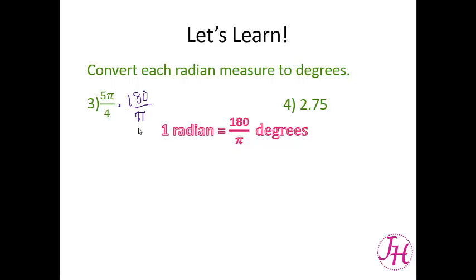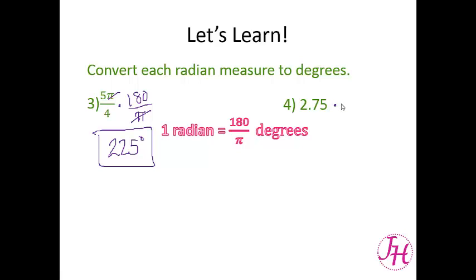In order to go from degrees to radians, you want a pi in your answer. So those pi's are going to cancel out because pi over pi is 1. And then we can multiply 5 times 180 and then divide by 4. And we get 225. So 5 pi over 4 is the same as 225 degrees.